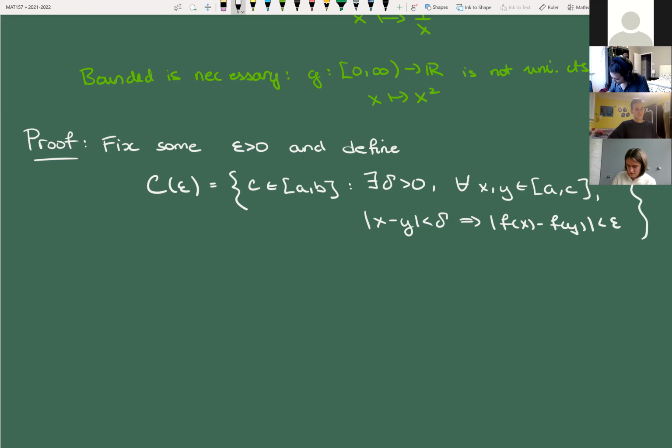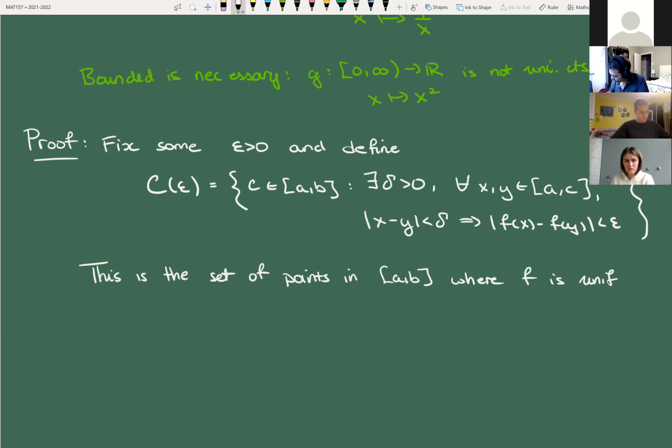Okay, maybe let me write that down. This is the set of points basically in [a, b] where f is uniformly continuous for this choice of epsilon only.